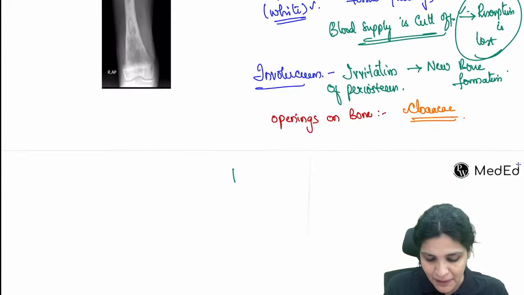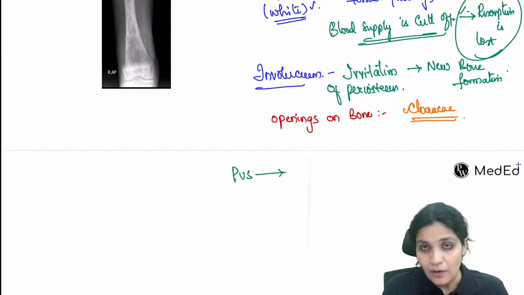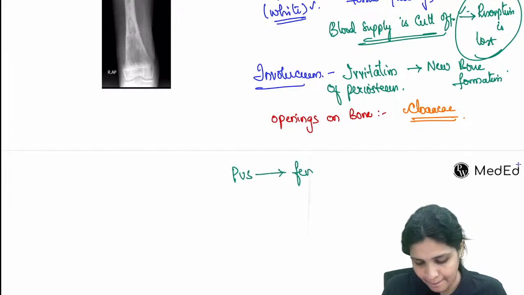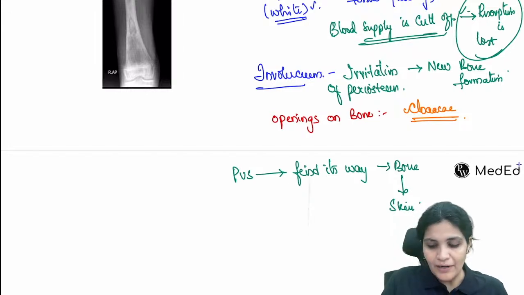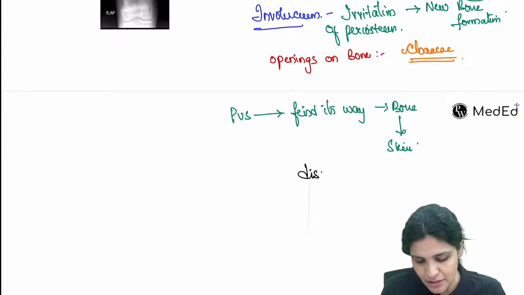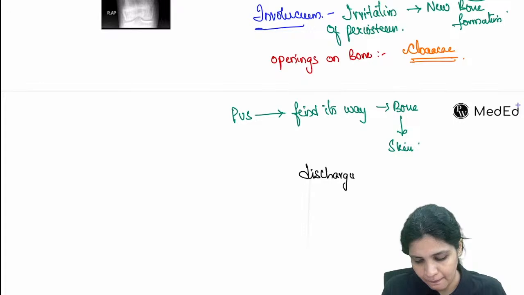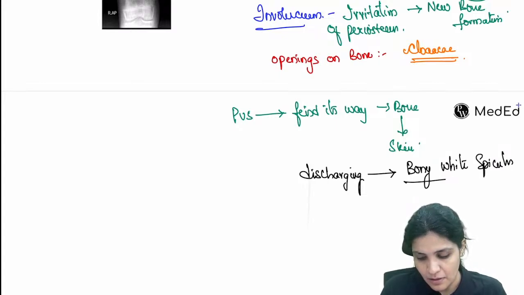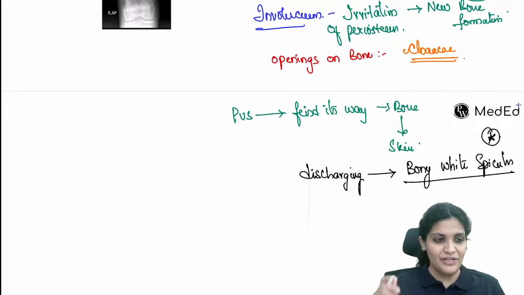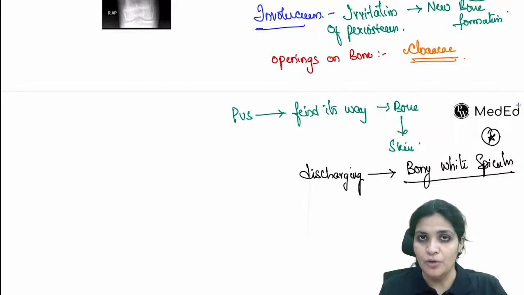And now this pus, as I told you, will find its way from the bone to the skin. It will discharge bony white spicules, right? So this is a characteristic feature of chronic osteomyelitis.